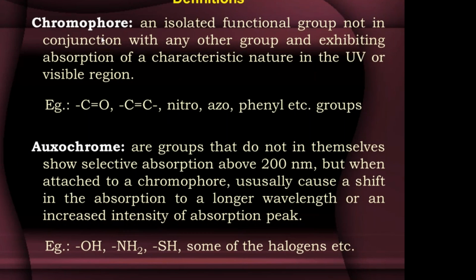So what's a chromophore? A chromophore is an isolated functional group, not in conjunction with any other group, and exhibiting absorption of a characteristic nature in the UV or visible region. So a chromophore refers to a functional group by itself.